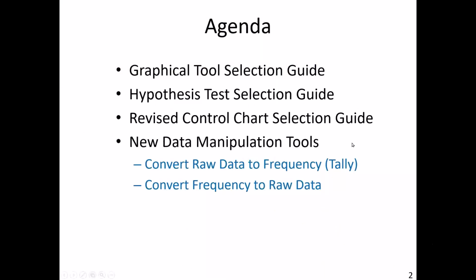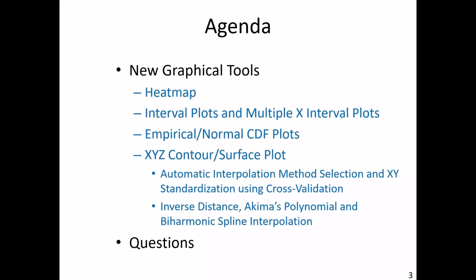So our agenda, we're going to cover just the new items in version 10, which include the Graphical Tools Selection Guide, the Hypothesis Test Selection Guide, the Revised Control Chart Selection Guide, new data manipulation tools, which include raw data to frequency, which is the tally function, and frequency to raw data.